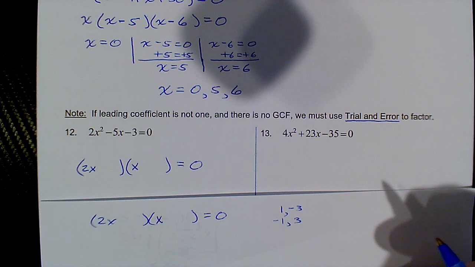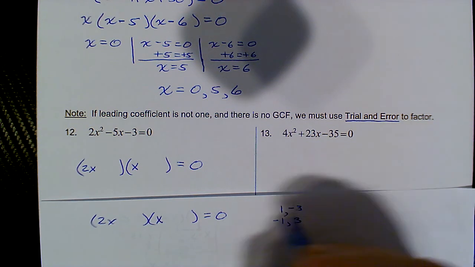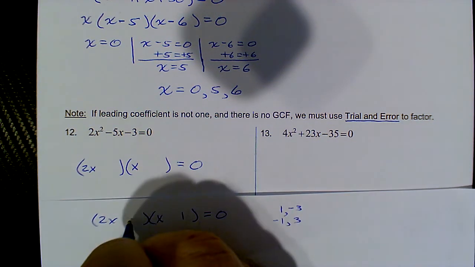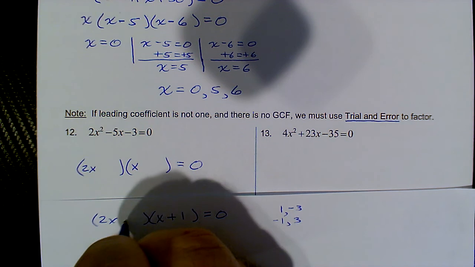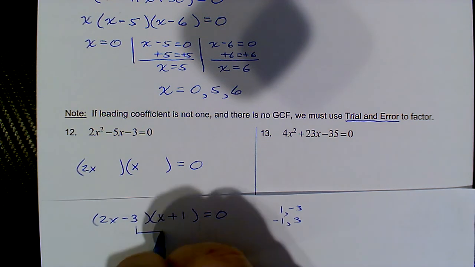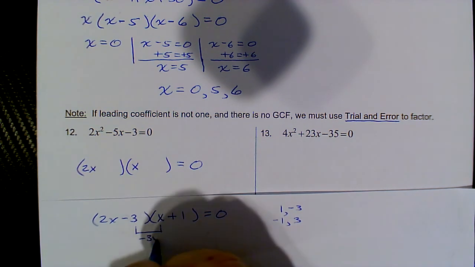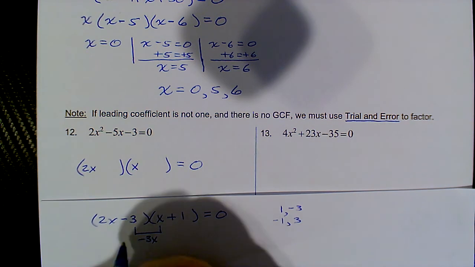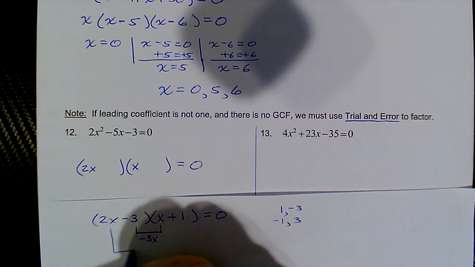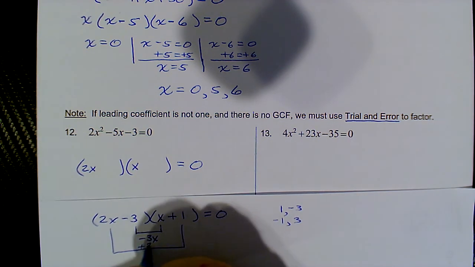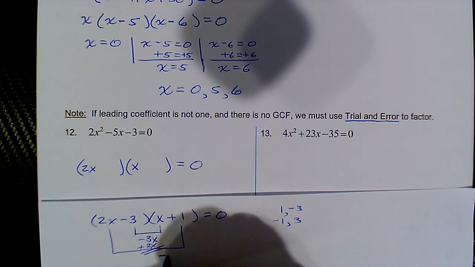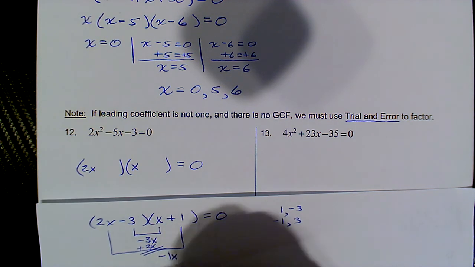Let's say I put the 1 over here and made it positive 1 and a negative 3 over here with the 2x. That would give, so guess and check, right? Trial and error. Negative 3x for the inners, positive 2x for the outers, negative 1x, which is not correct.